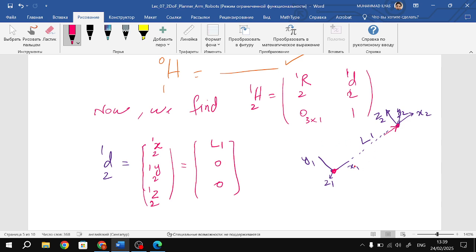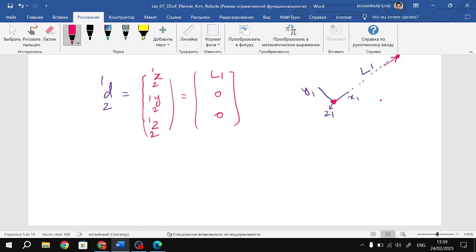Why 0? Let me explain over here. In general, if you have this vector, let's say this is x1, y1, and a vector, let's say L1, for example.